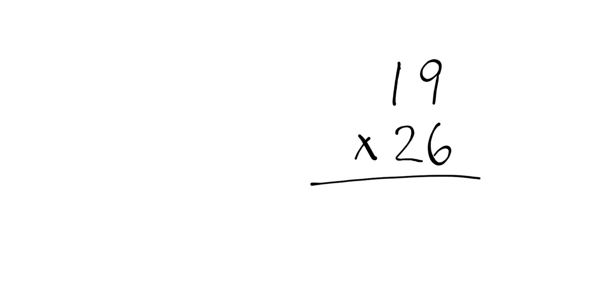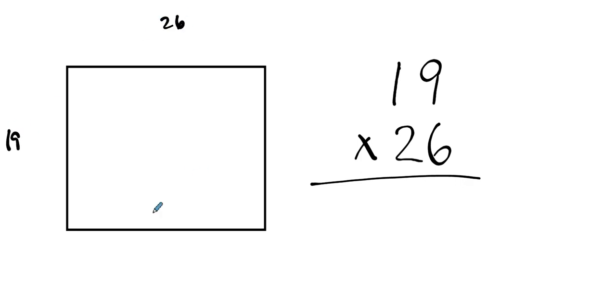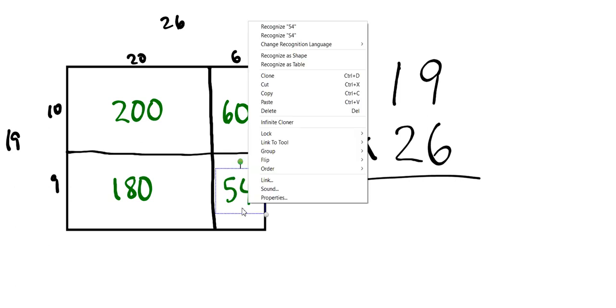Take a look at it as 19 rows of 26, where I don't really know how this goes, but I know that I can break that up into a 10 and a 9, and I know that I can break this up into a 20 and a 6. And so we can find the areas of the individual pieces.